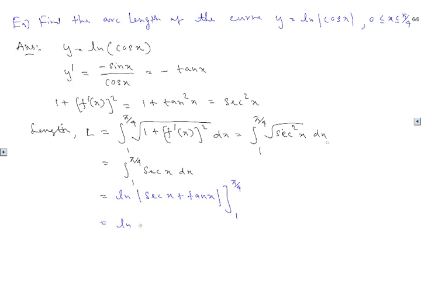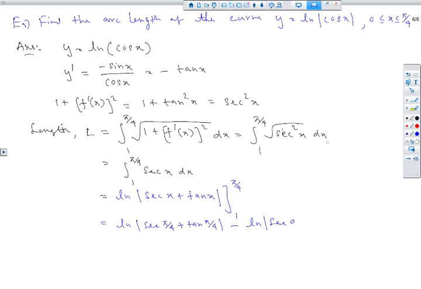So ln of secant pi over 4 plus tan pi over 4, minus ln of secant, actually it's not 1.